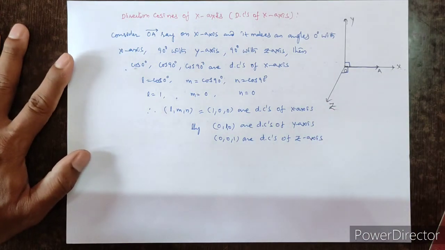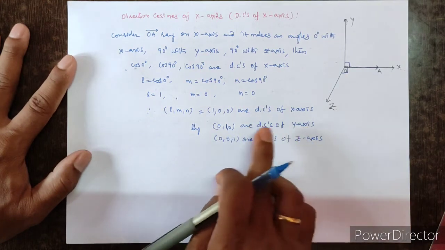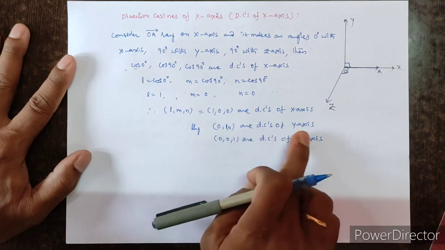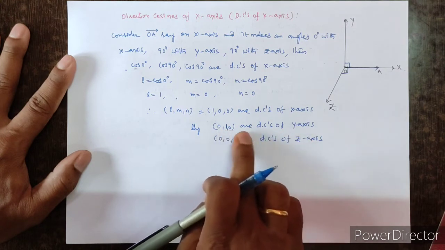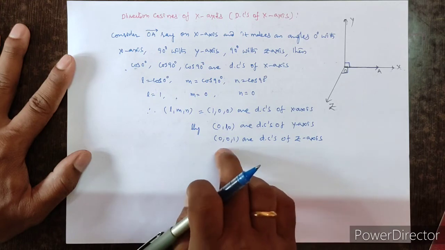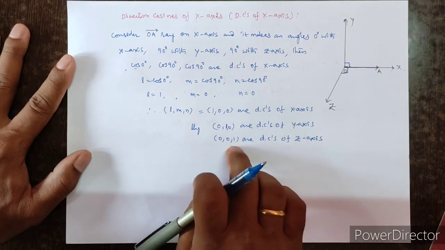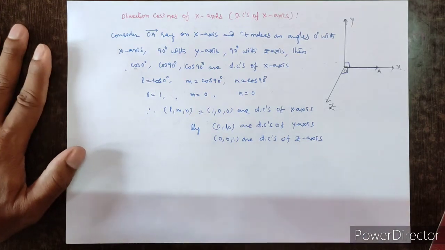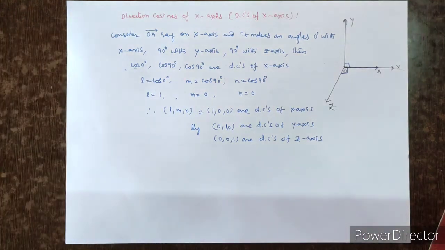Like that, the direction cosines of the x-axis are 1, 0, 0, of the y-axis are 0, 1, 0, and of the z-axis are 0, 0, 1. So these are the direction cosines of the coordinate axes.